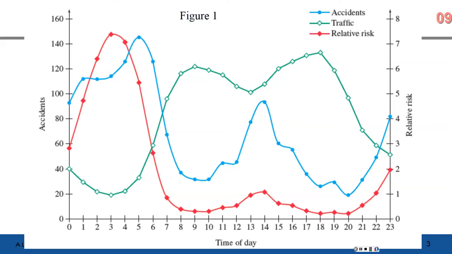The sleepy people aren't on the road. The people that have got their caffeine, they're on the road by then. And notice that the place where your risk is highest is, as it says, in the small hours of the morning when people are sleep deprived, and even though traffic density is low, there's a lot of sleepy people on the road. Okay?